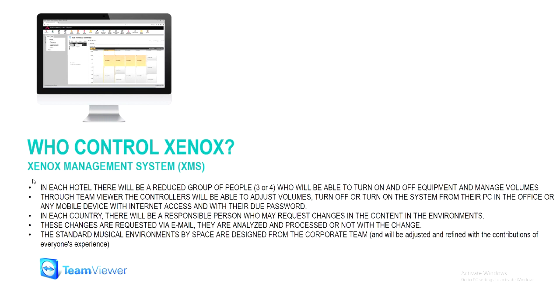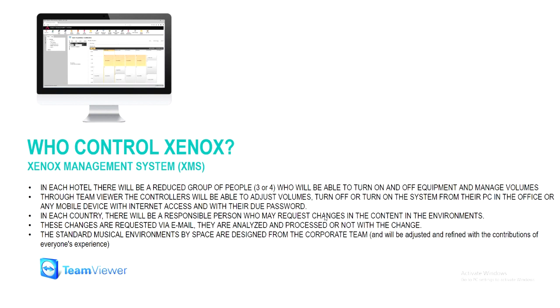In each hotel we have a group of 3 or 4 people who can control Xenox. In this case it is the DJs, entertainer managers, assistants, the audiovisual supervisor or director of all the resort, and of course people from Ibasa when we are having problems.